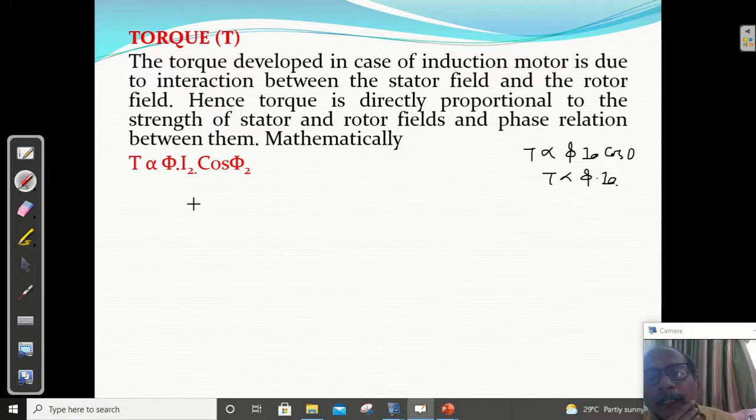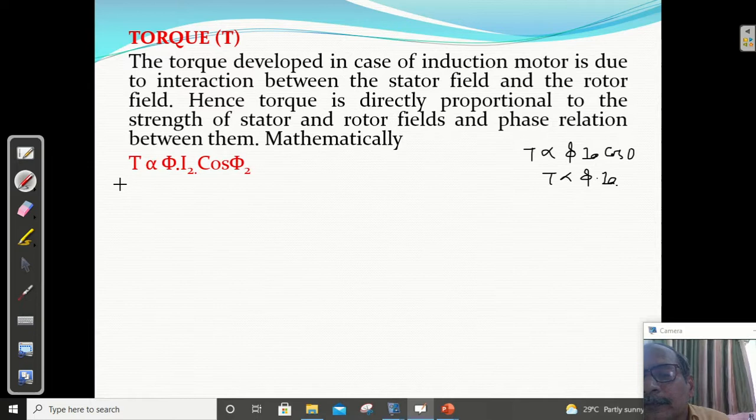Similarly, in an induction motor, torque is proportional to the flux into the rotor current I2 into cos phi 2, the angle between voltage and current. So torque is proportional to flux into I2 into cos phi 2.